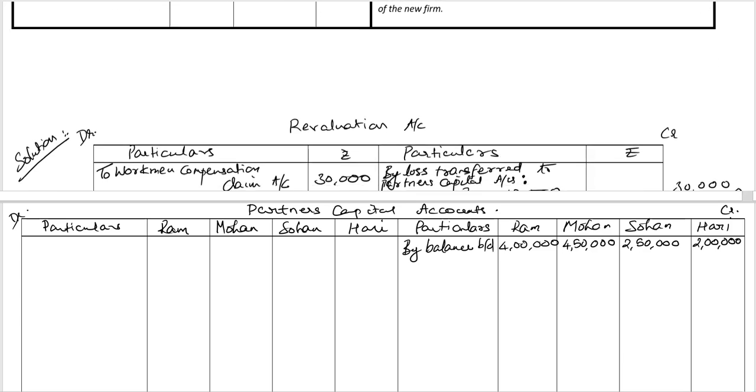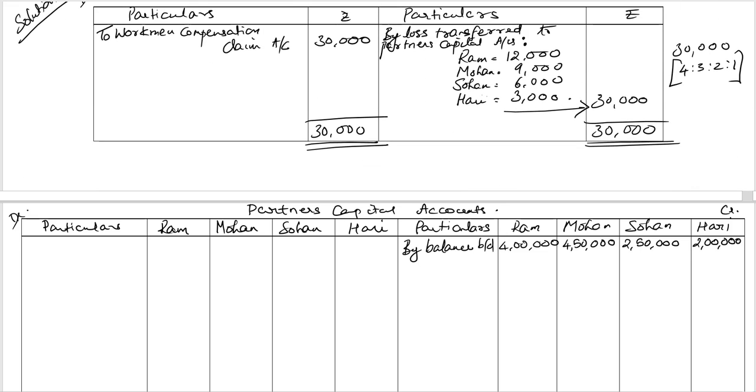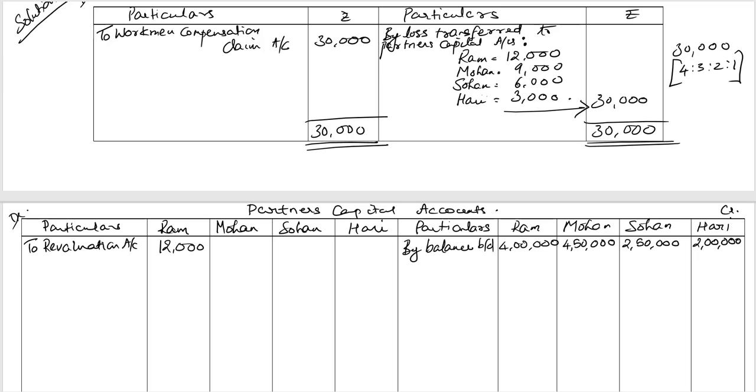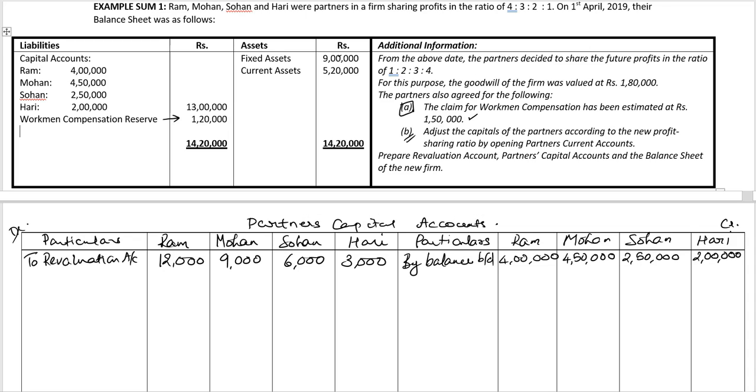Let's see the revaluation loss to revaluation account. 12,000 loss for Ram, 9,000 for Mohan, 6,000 for Sohan, and 3,000 for Hari. We've transferred the loss on revaluation.